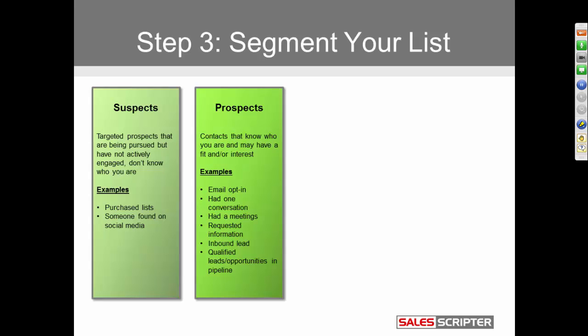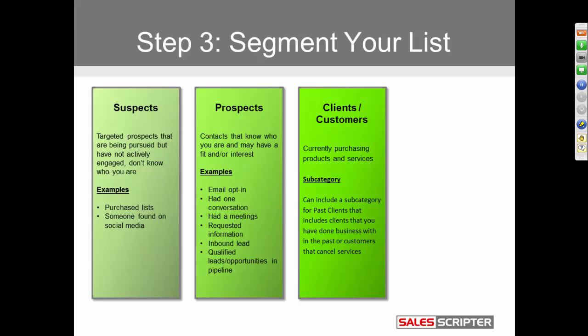You could label someone as early in the process as you've had a 2 to 5 minute cold call conversation with them, and promote them from a suspect to a prospect. Basically, these are anybody that you're targeting to sell to, that is more than just somebody's name on a website or on a list.